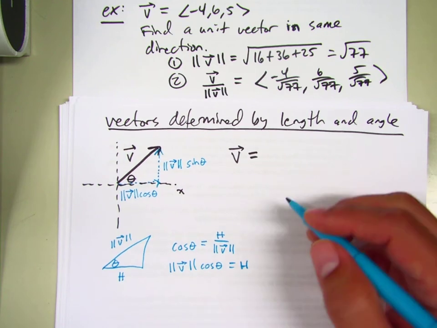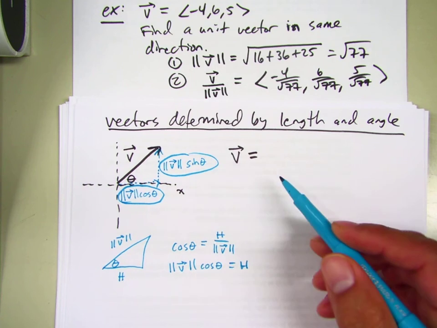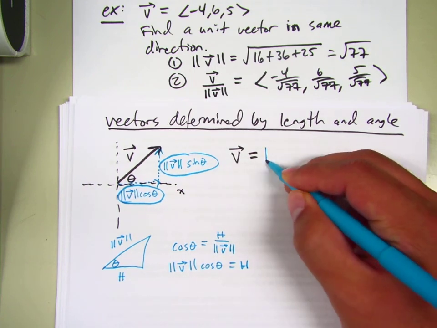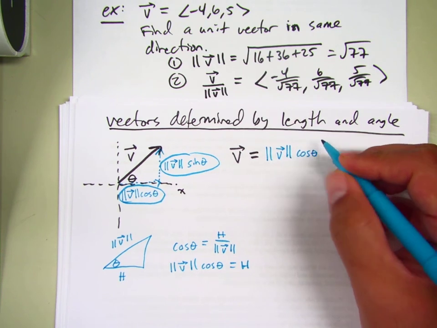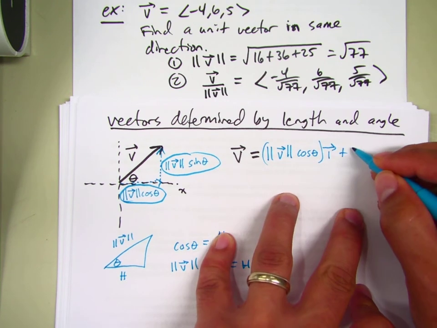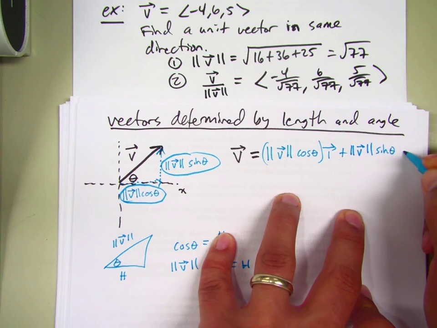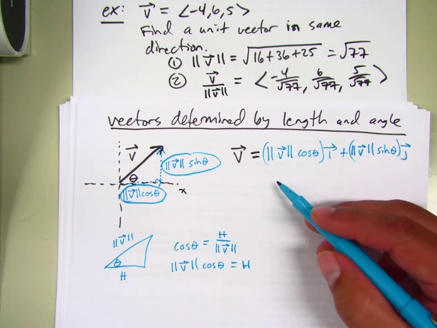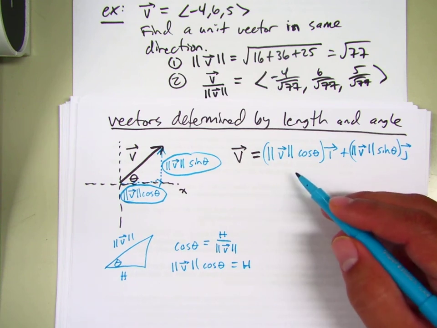So, in other words, since I know that this is my horizontal and this is my vertical component, you could say, well, this vector can then be written as length of v times cosine theta times i plus length of v sine theta times j. Okay, so that would be an ij form. Of course, you could also write that in component form.